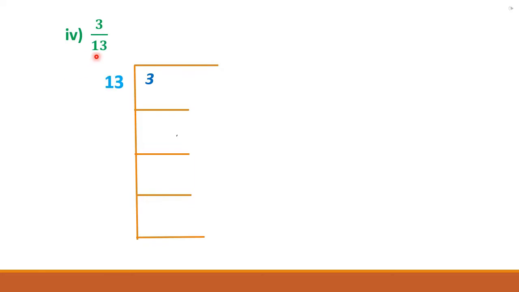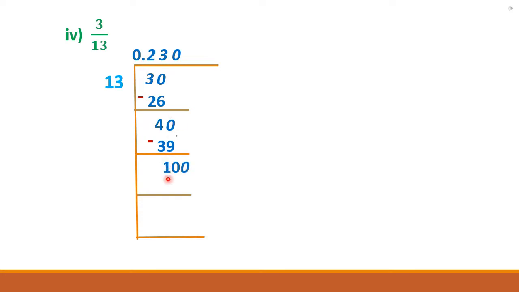Example 4. 3 divided by 13. First, we should put a decimal point and take 0 here. Now it is 30. So 13 2s are 26. Remainder is 4 and put 0. 13 3s are 39. Remainder 1. Now even after putting 0, we cannot divide, so we put one more 0 here.